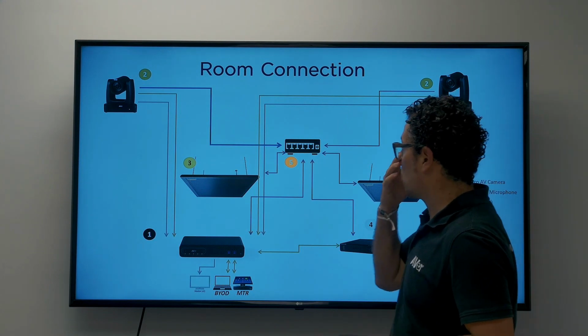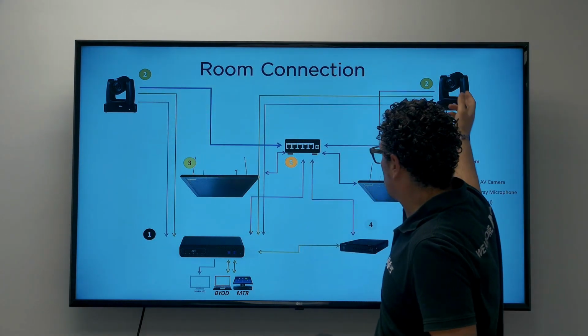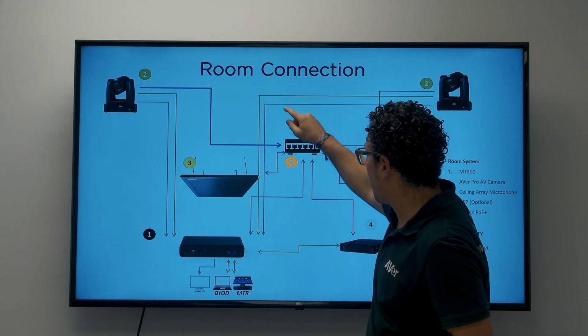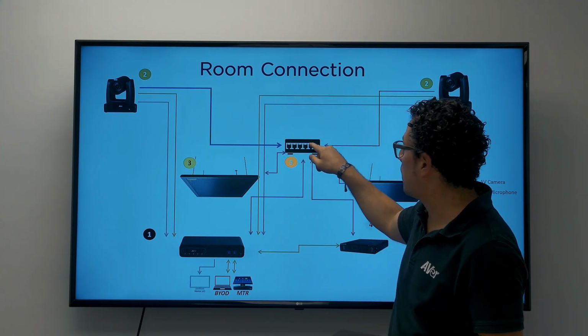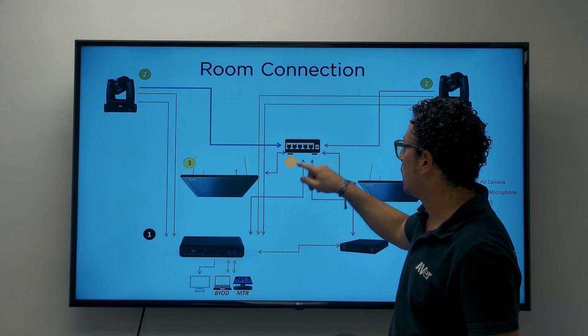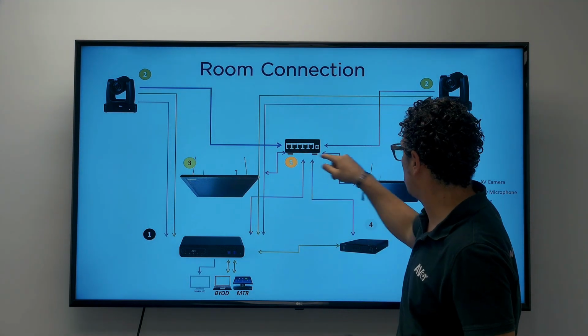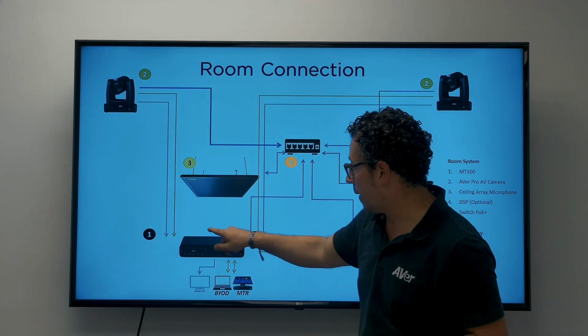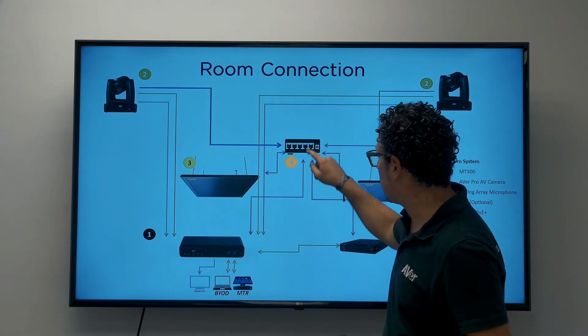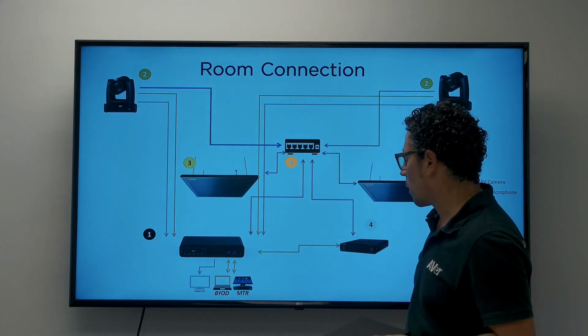For example, you can connect 2 cameras or multiple cameras connected via Ethernet network cable directly to the switch of the room. The microphones you can connect also via IP, and the tracking box is connected via IP to the network.